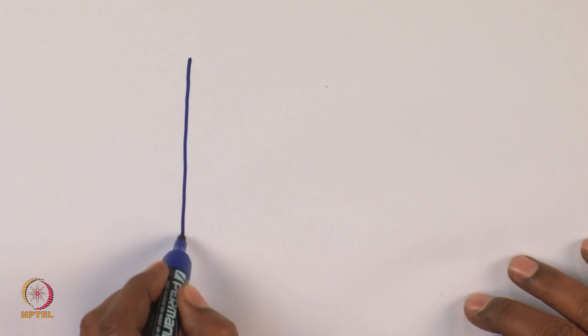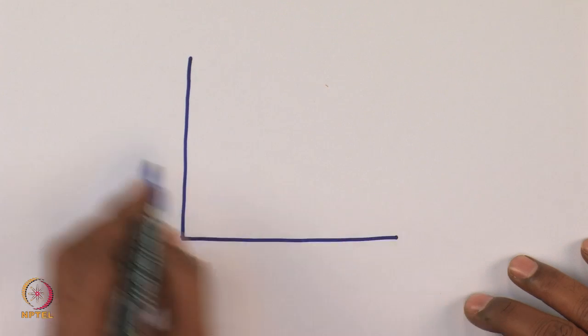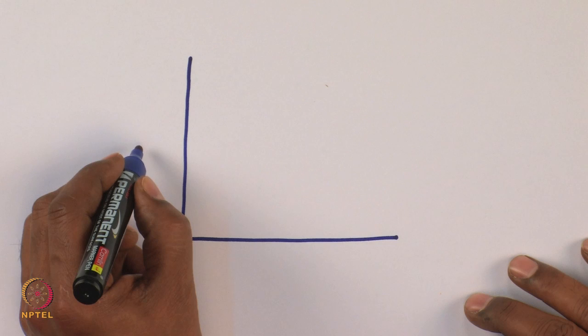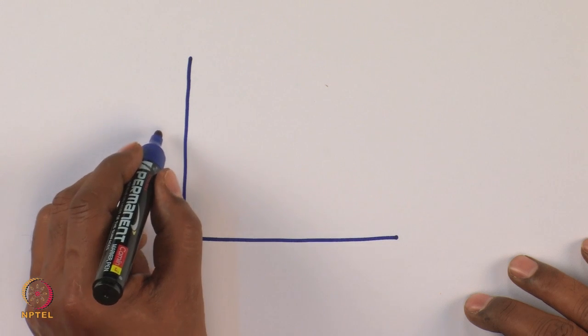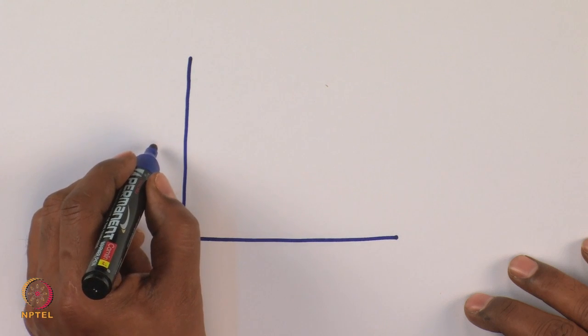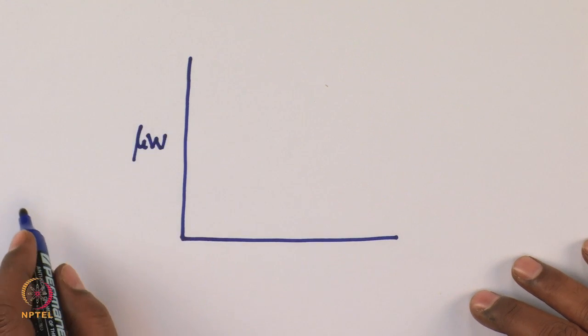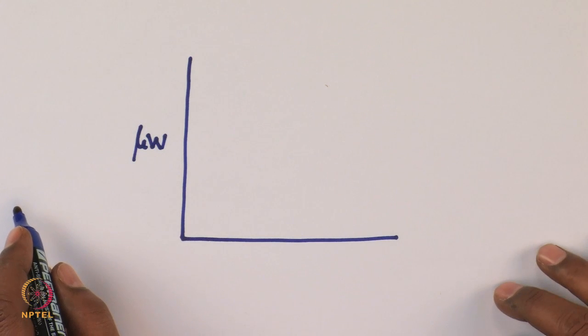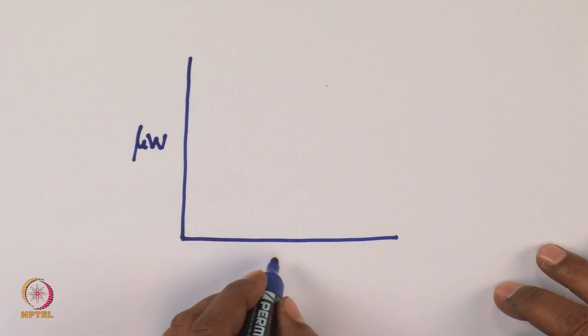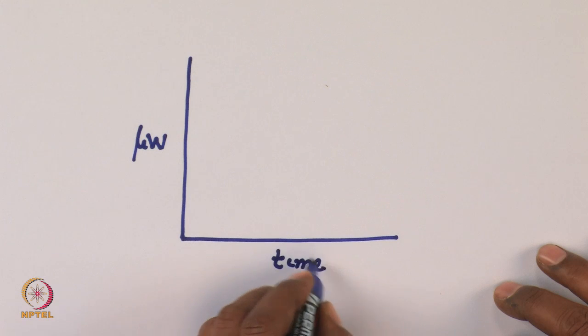What we have is either microcalorie per second or microjoules per second, let me just represent microwatts, or here I will have time.